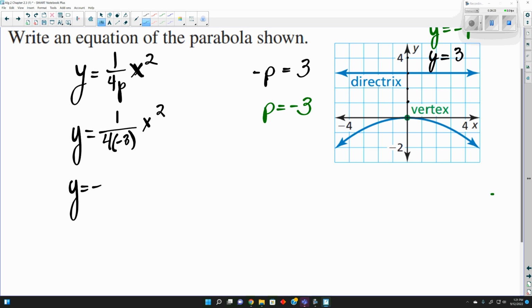Well, we know this fraction is going to be negative, yes? 4 times 3. That's it. Questions on this here? Any questions on any of this so far? We ready for the next one?